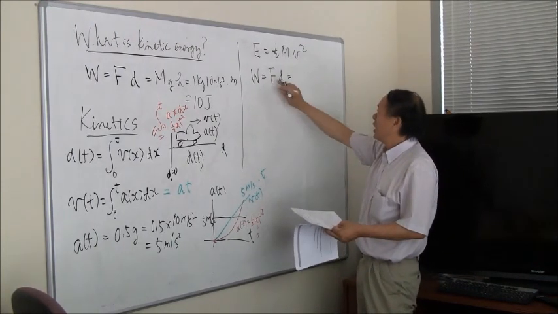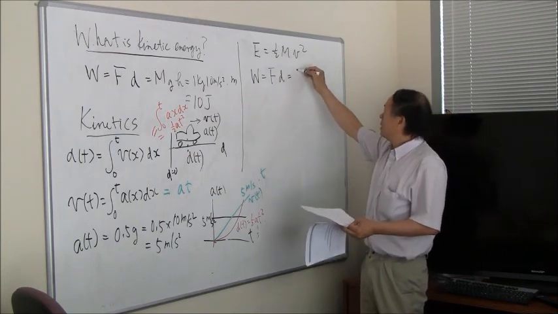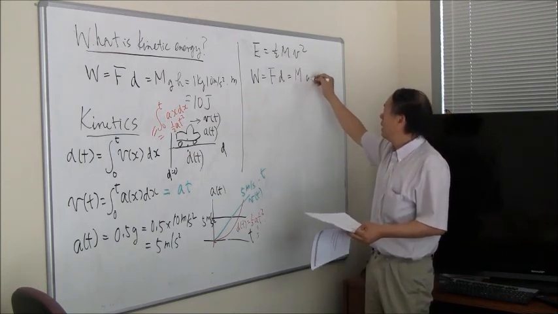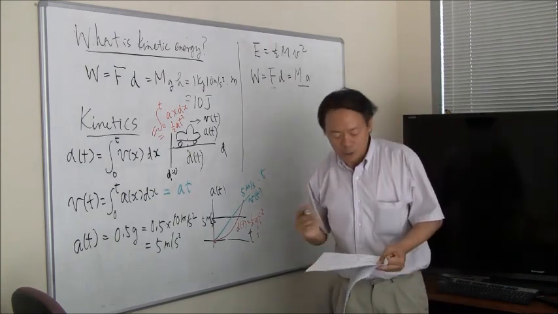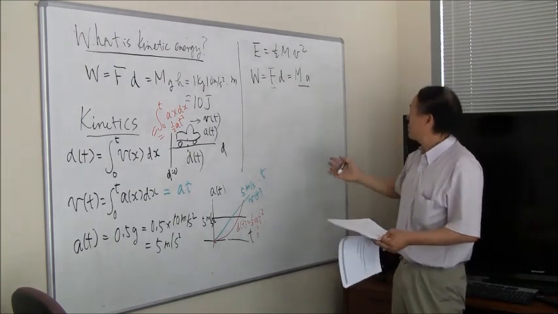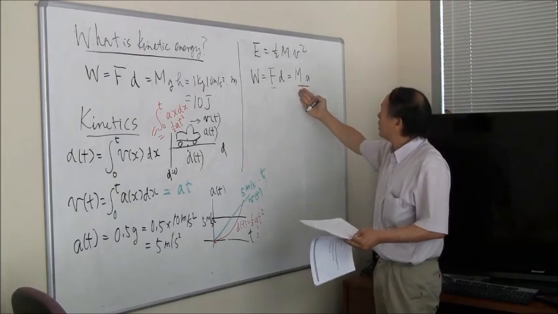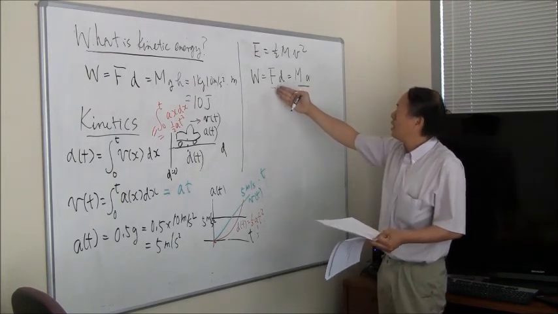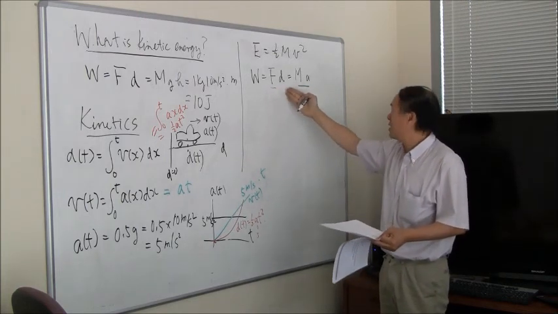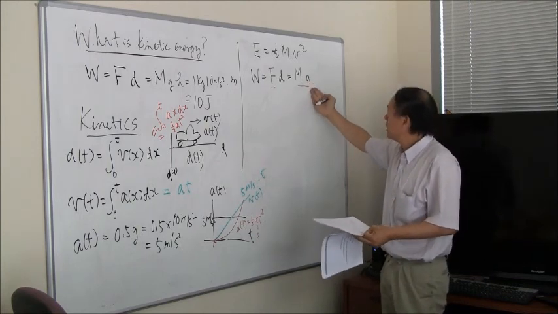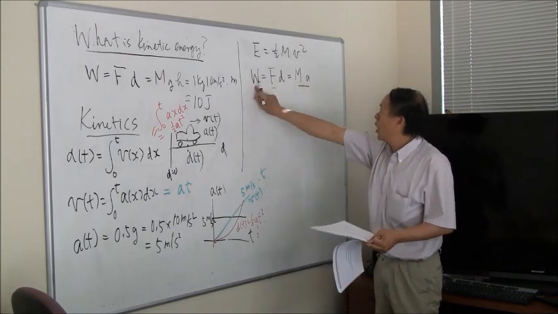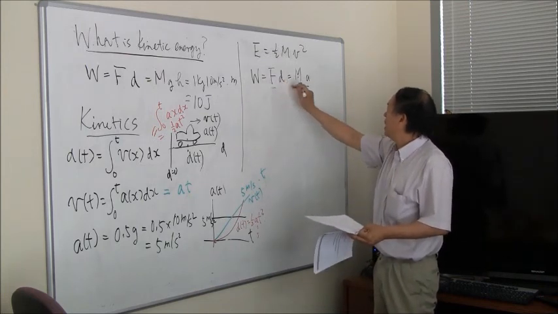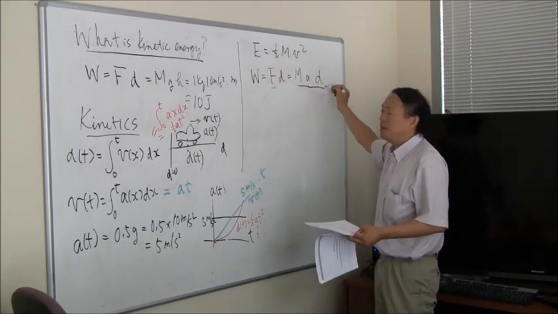Now, F is equal to ma, simply Newton's law that governs the acceleration of a mass acted on by a force of F, which has an acceleration of a. So if you have F equal to ma, then work is equal to Fd, and therefore is equal to mad.